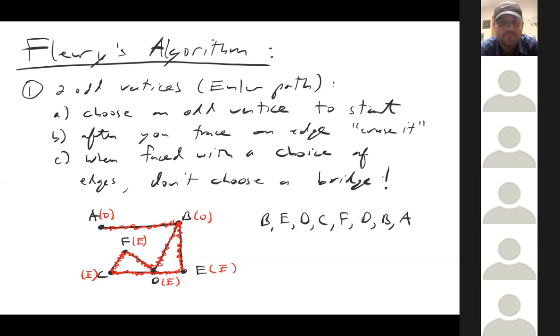And I used Fleury's algorithm. Choose an odd vertex to start. After you trace an edge, erase it in your mind. The way I do it is I just do a squiggle of a different color, but you could do a squiggle with the black, same color as well. And when faced with a choice of edges, don't ever choose a bridge. You can choose any other thing you want, and you'll eventually get an Euler path.